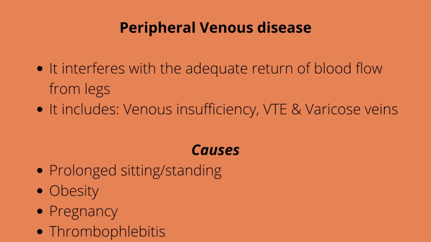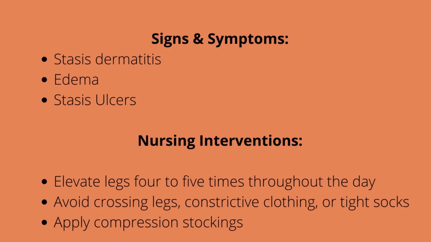This is venous deoxygenated blood, prolonged sitting for a long time, obesity, pregnancy, and thrombophlebitis, right? Some signs and symptoms of this include stasis dermatitis, like brown discoloration, edema, and stasis ulcers, typically found around the ankles, right? Poor circulation.